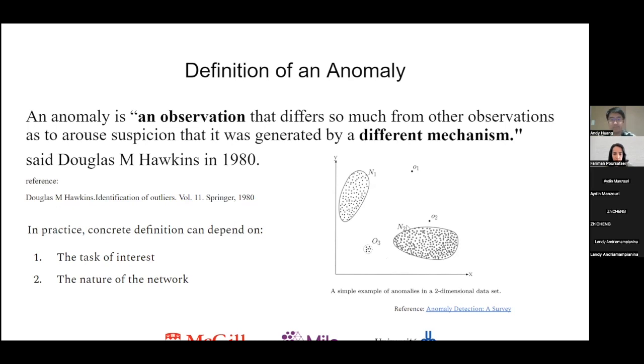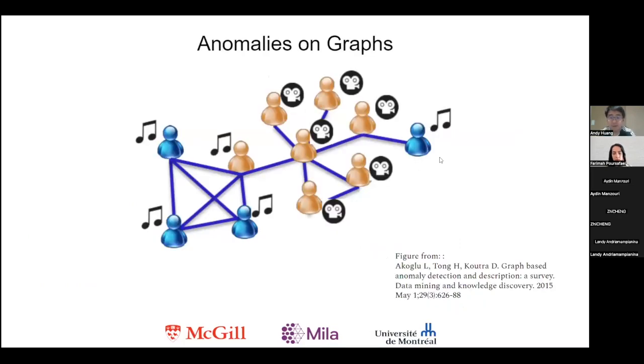Now, as an example, here is an example graph. Let's take a few seconds to see if you can find which users, or nodes on the graph, you think are anomalous and different from the other users.